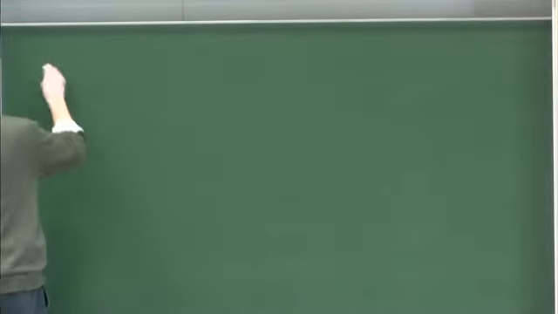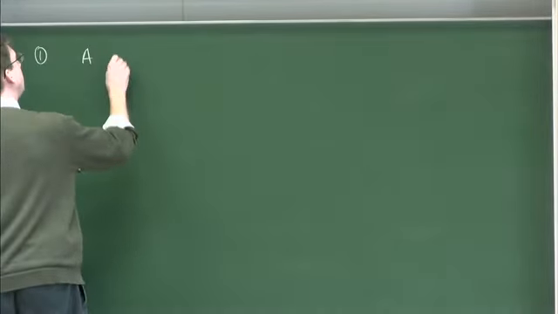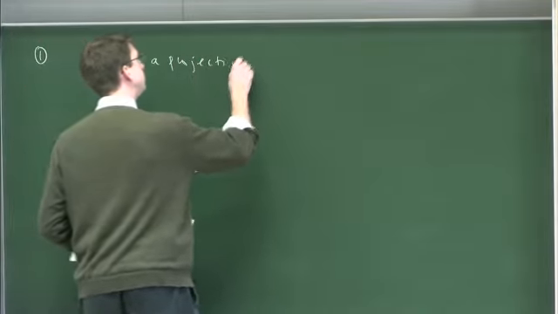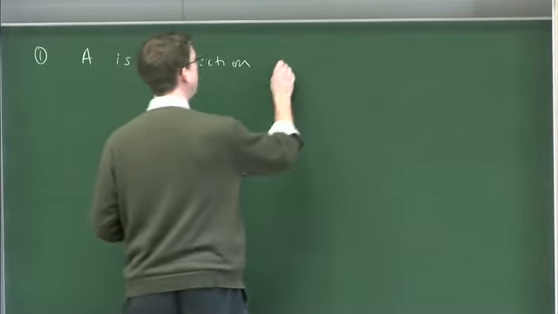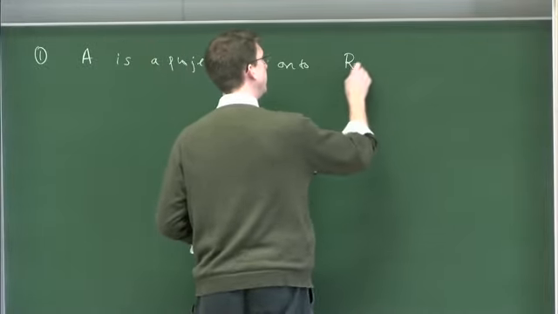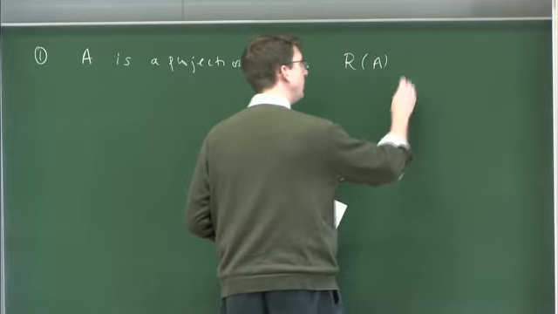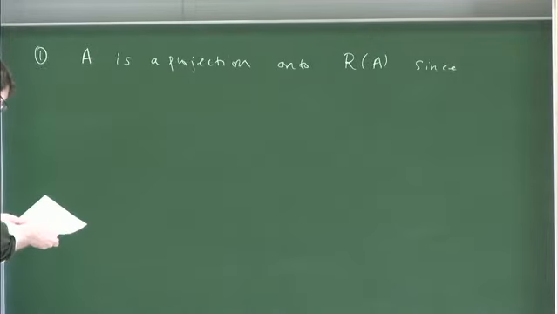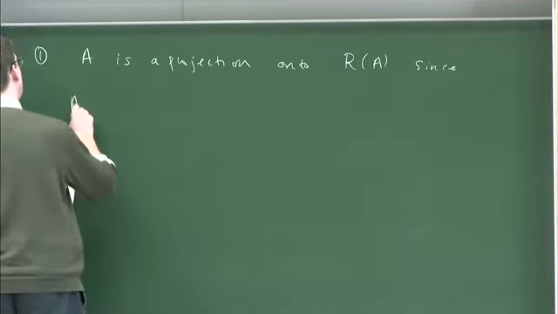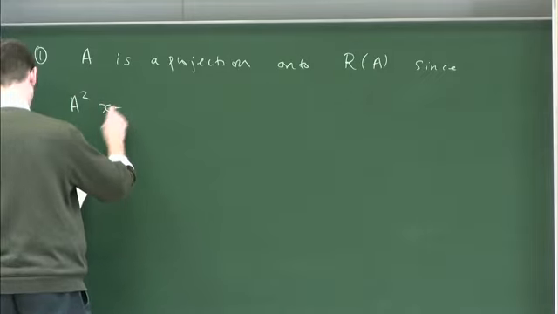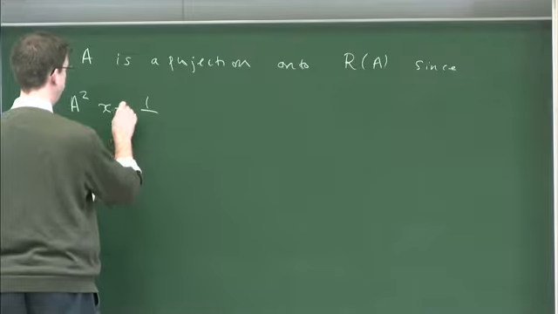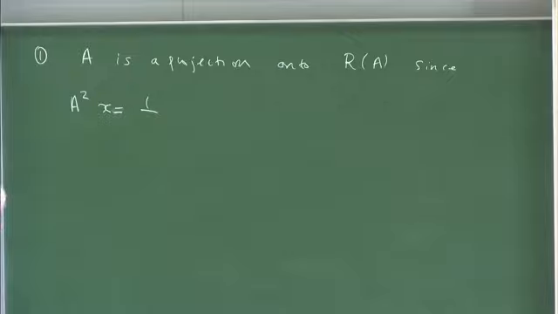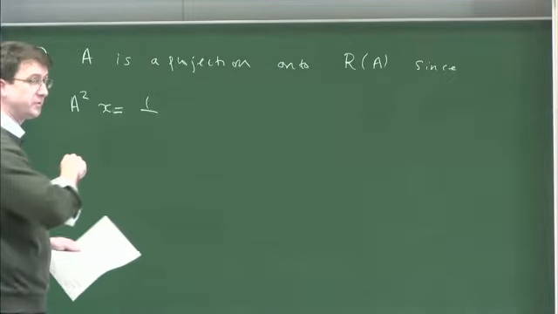So, A is a projection onto its range, since A squared is equal to A. A squared of X is, so what's A squared of X? It's A of AX, so it's A of the average. So what's the average of the average? It's the average.